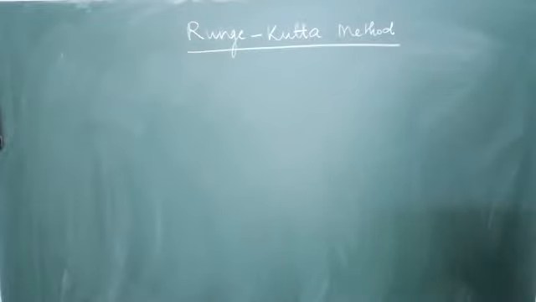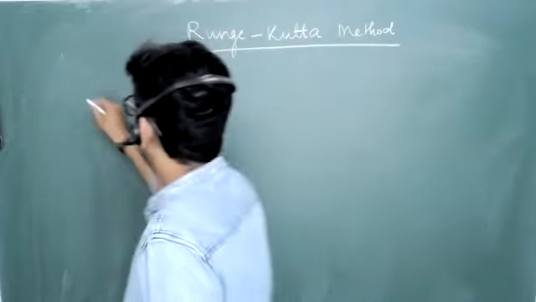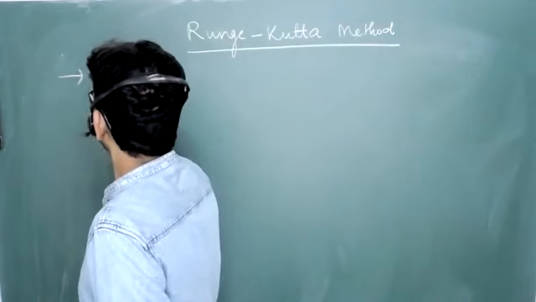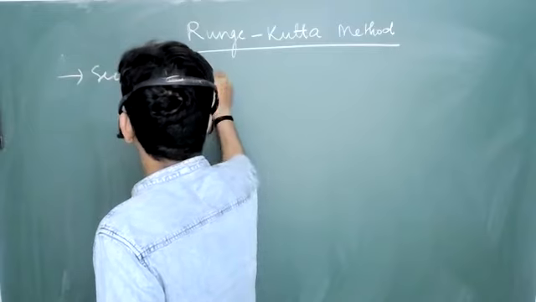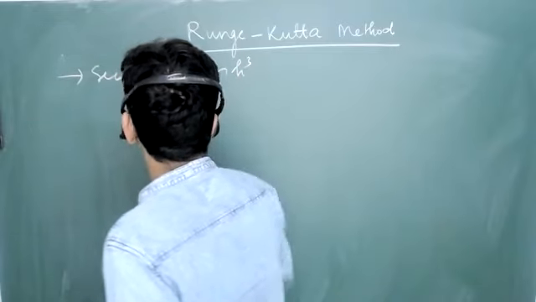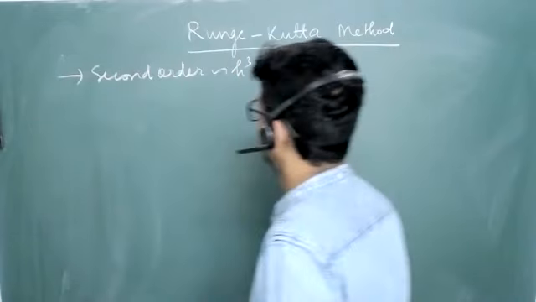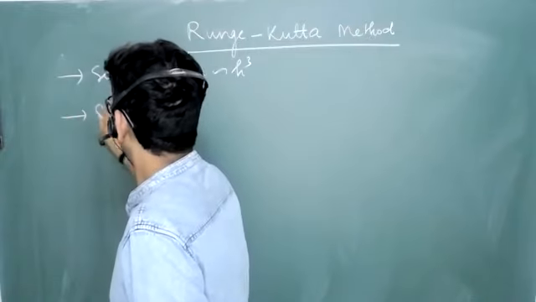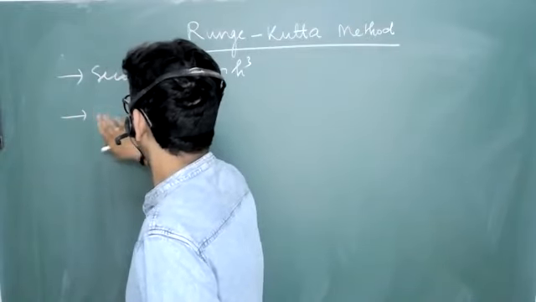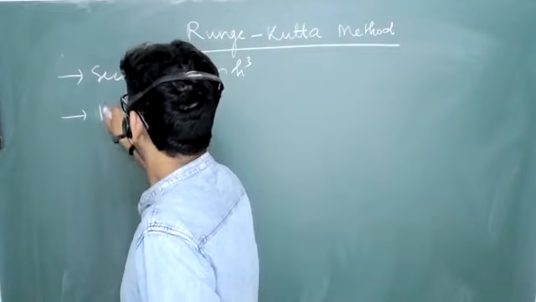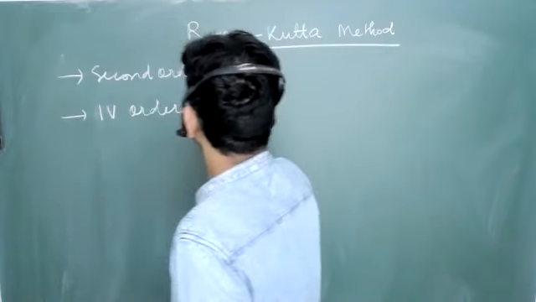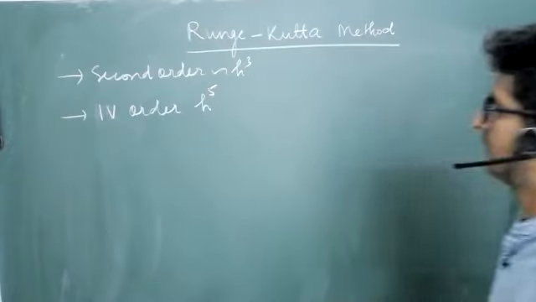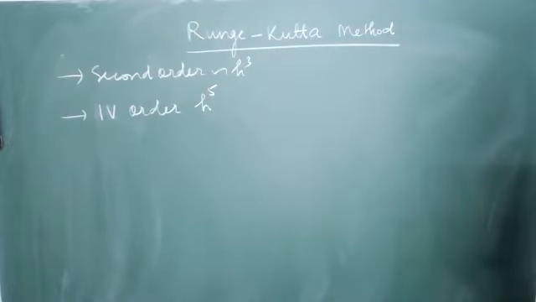We have to actually discuss two methods: Runge Kutta of second order, which has an error of the order of h cube, and Runge Kutta of fourth order, which has error of h to the power 5, where h is the step size.